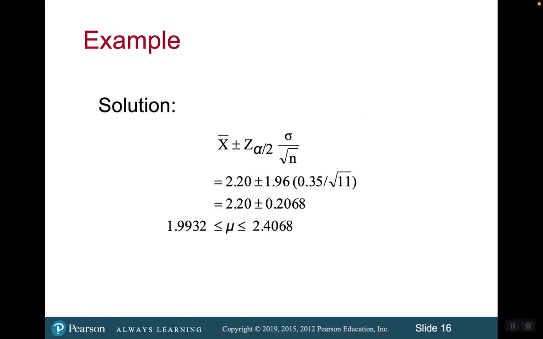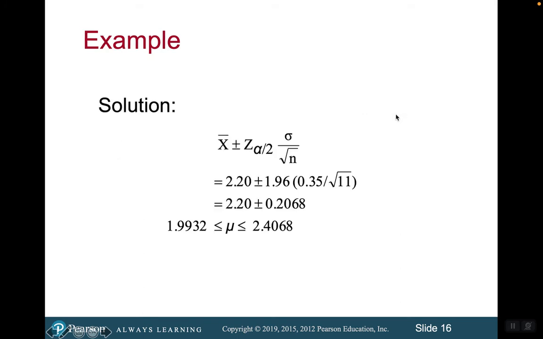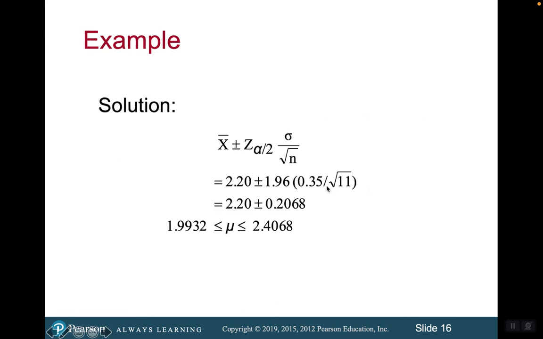Okay, so what we have is our sample mean of 2.20, which is our X bar here. And then we have plus or minus the z value, which is 1.96, times the standard deviation of 0.35 divided by the square root of n.